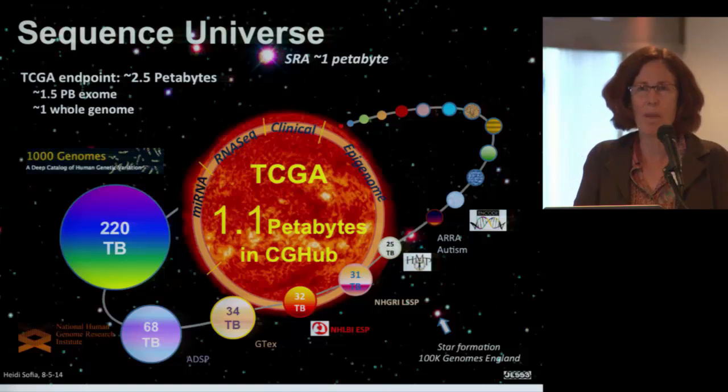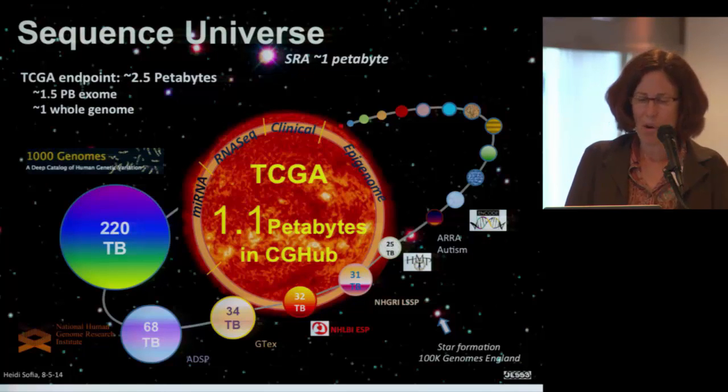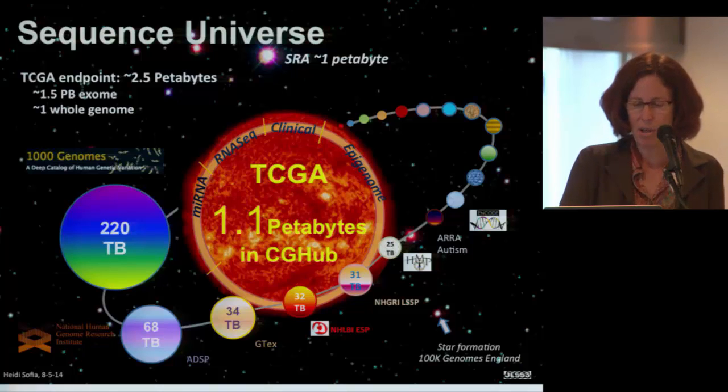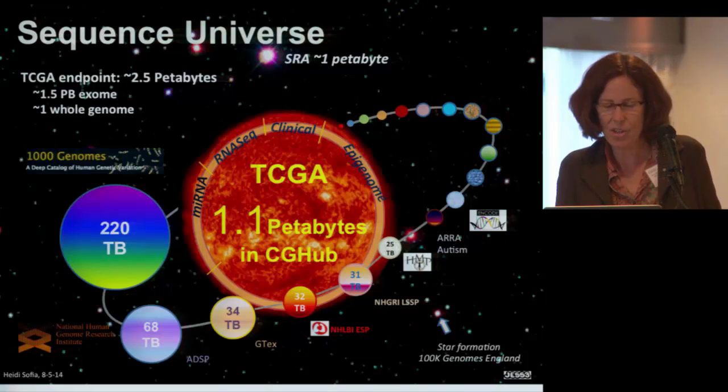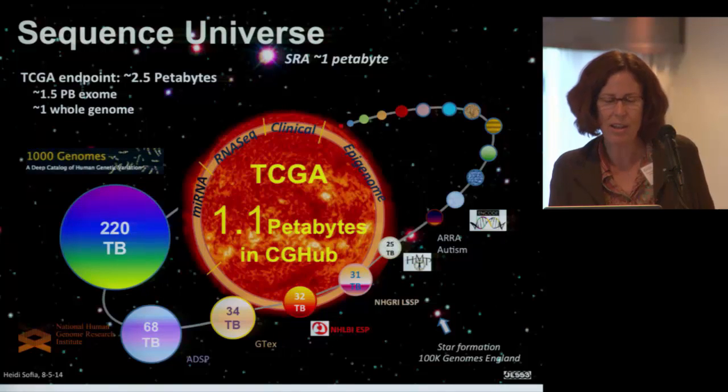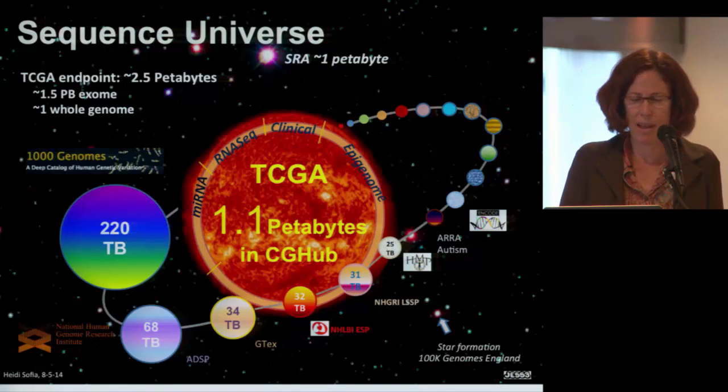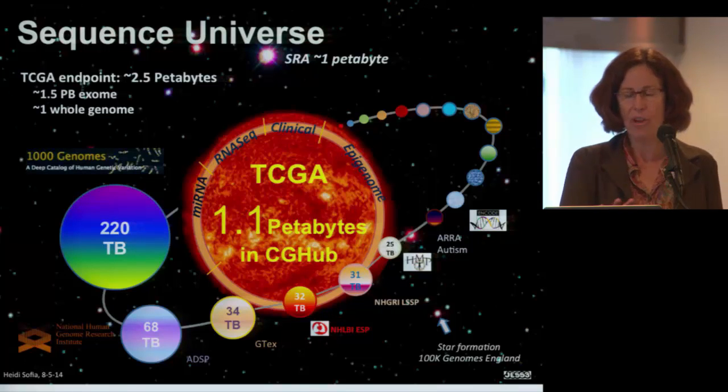This is a slide that we're updating on a quarterly basis to show the growth, but you can see I've shown star formation with the 100K Genomes Project, England, and of course this is just one solar system, and out there in the sky you can see plenty of others as well.